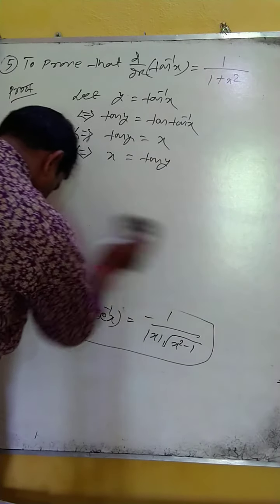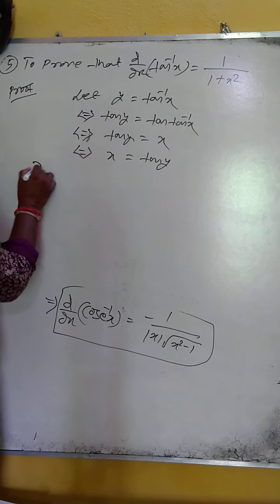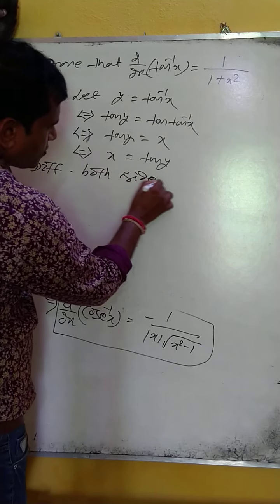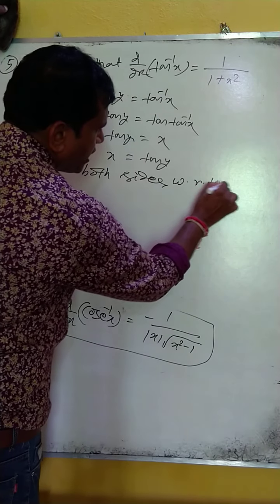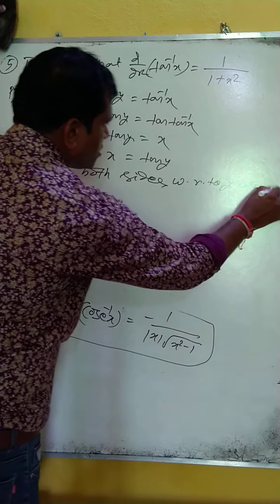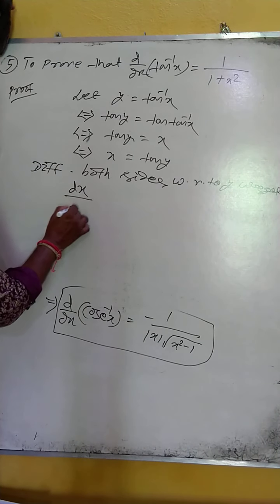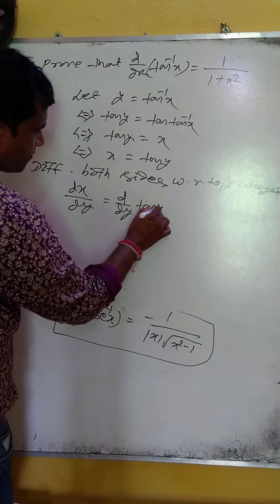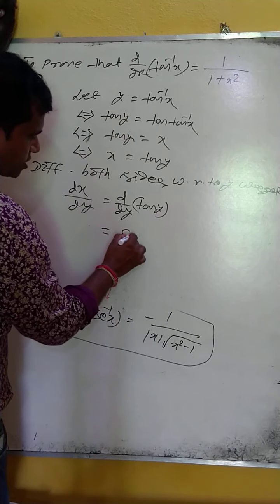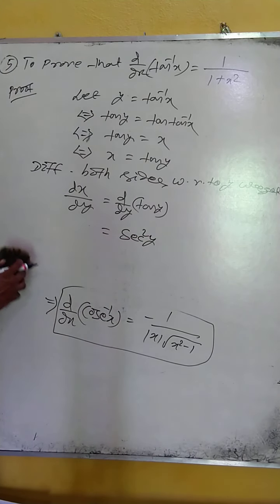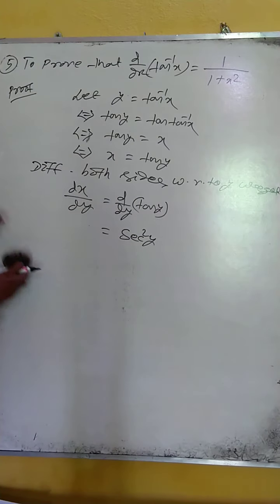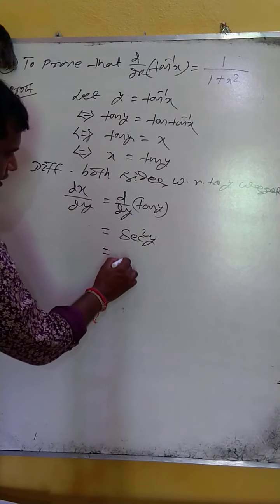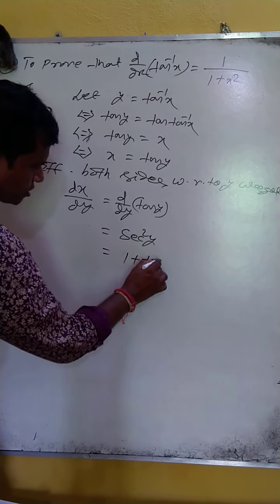Differentiate both sides with respect to y. We get dx by dy is d by dy of tan y, that means sec square y. The derivative of tan y, you know, is sec square y. Sec square y is equal to 1 plus tan square y.